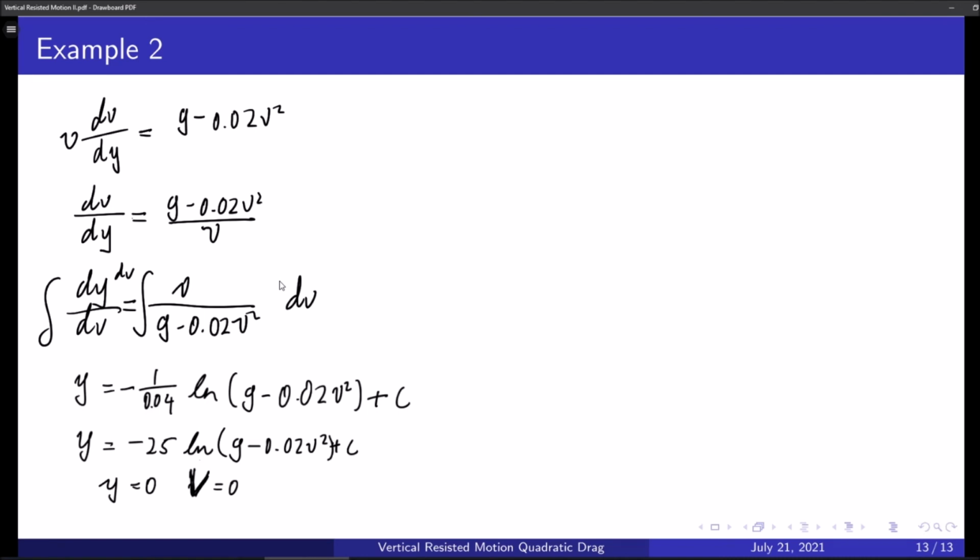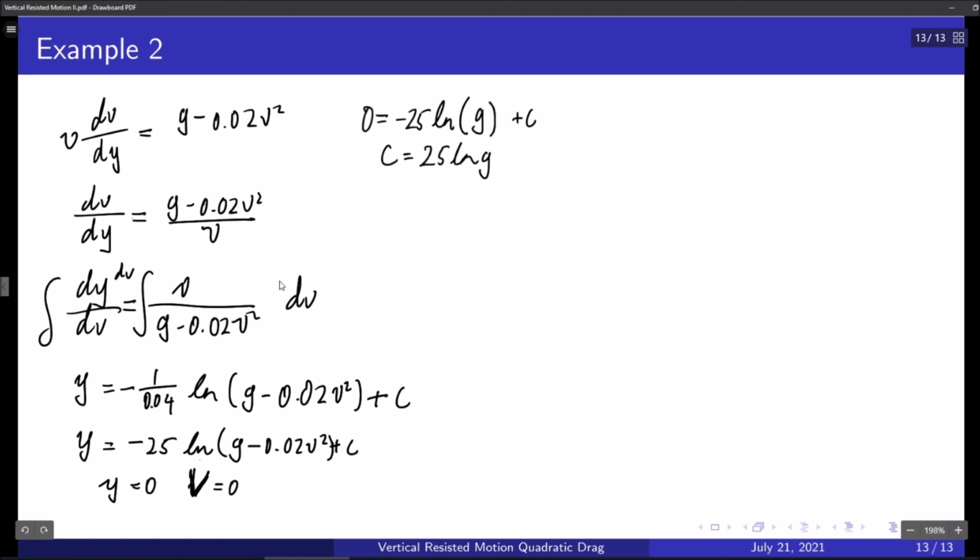So using that information, 0 equals negative 25 log g plus c. So obviously c equals 25 log g.